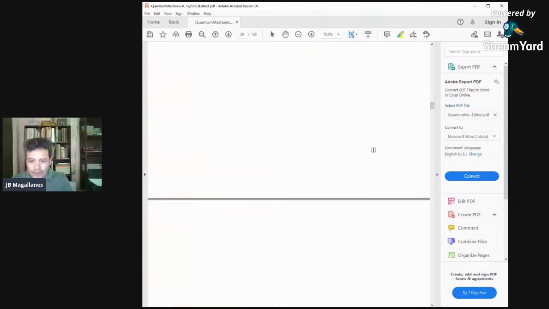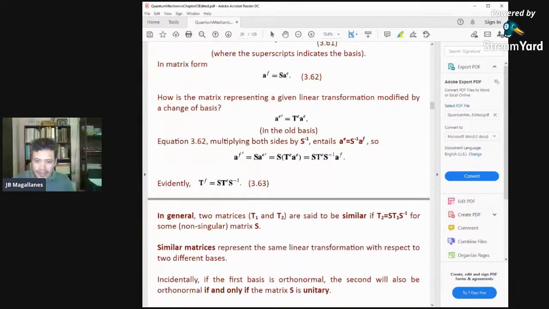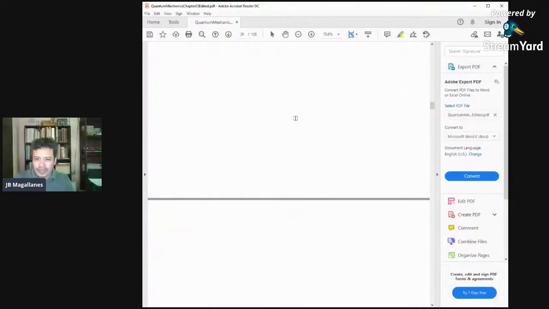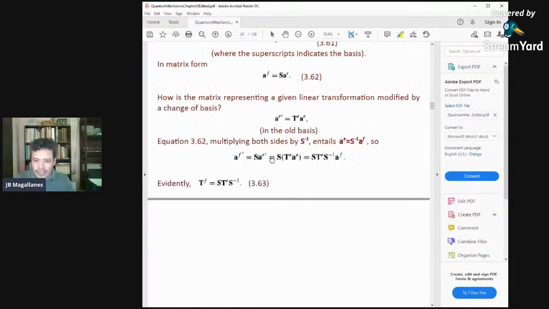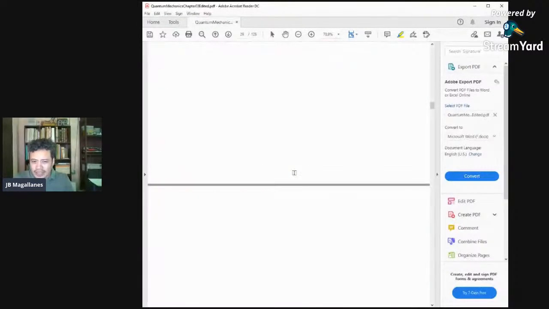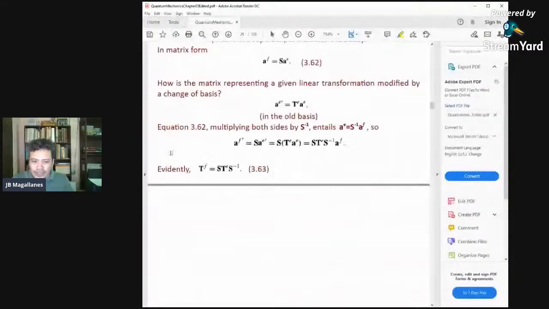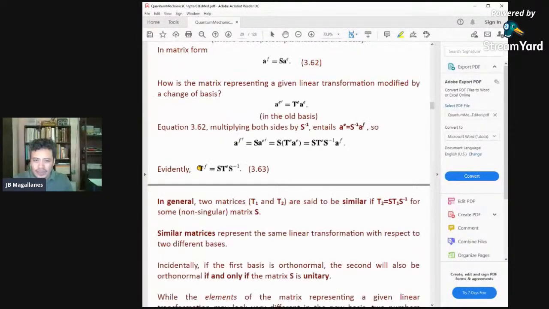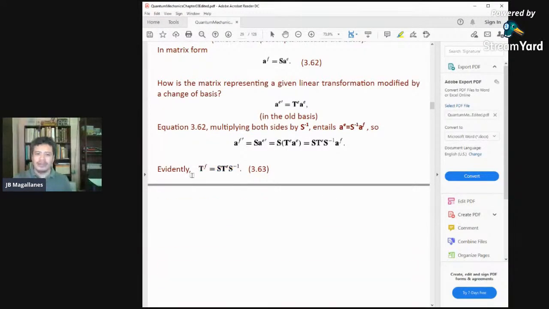And if you put this AE prime here, you will have S T E prime, but AE prime is equal to this, so that your TF is actually equal to this one.